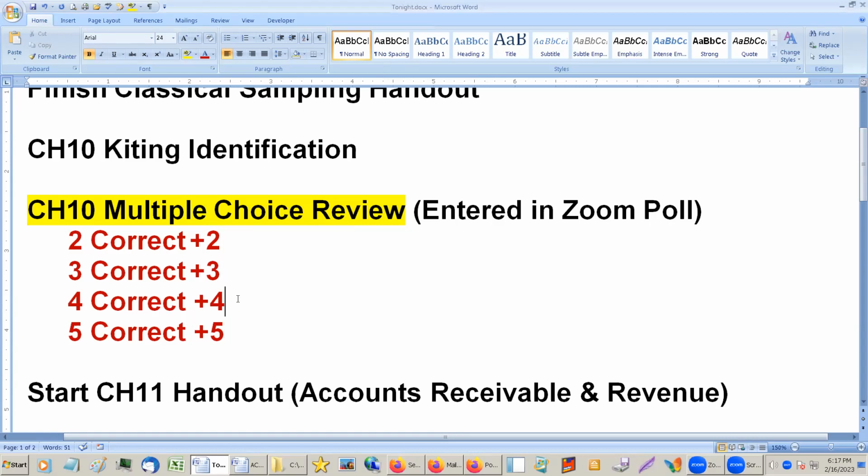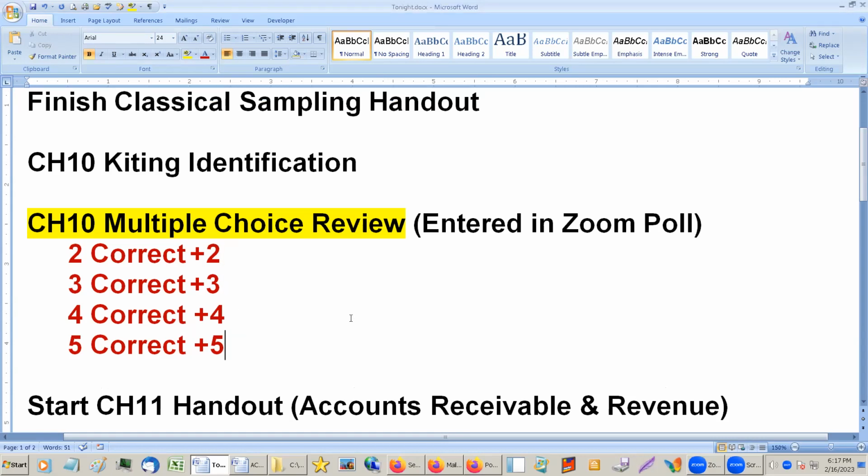And when everybody gets it turned in, then I'll share it with the class. Now, don't worry about making a wrong answer and thinking the whole class is going to see you made a wrong answer, because it doesn't show who did what.